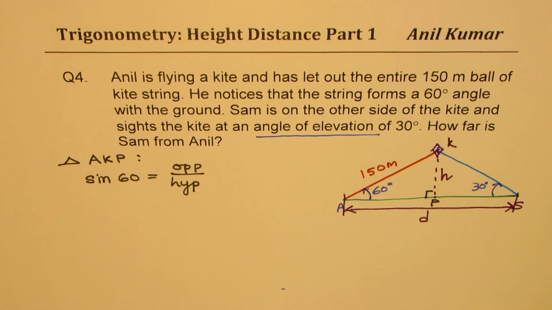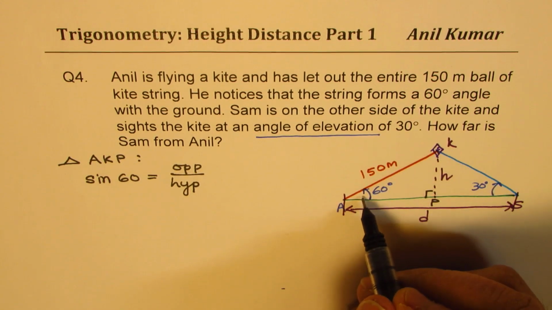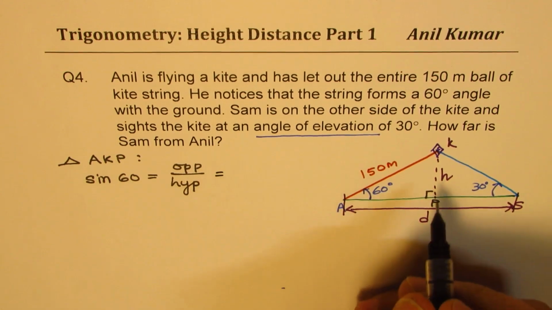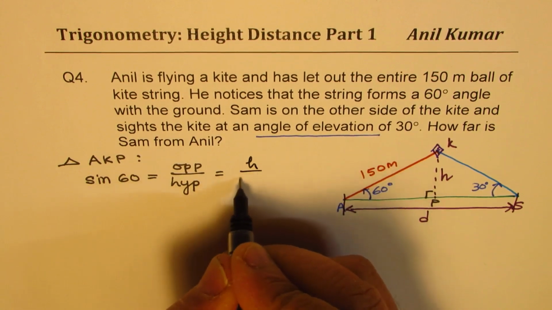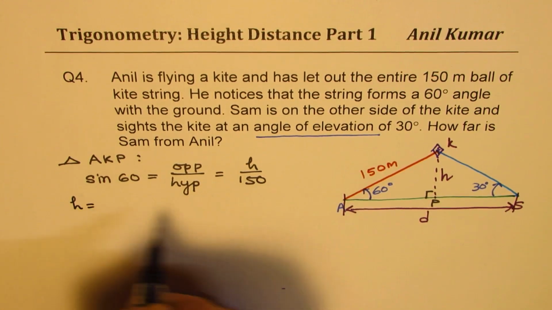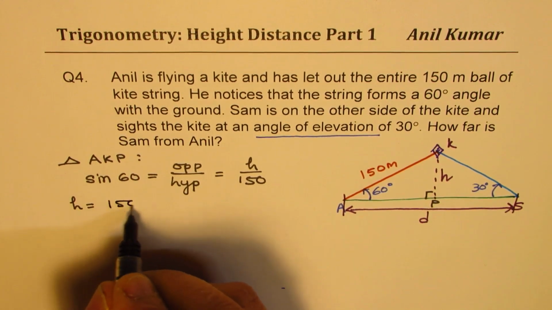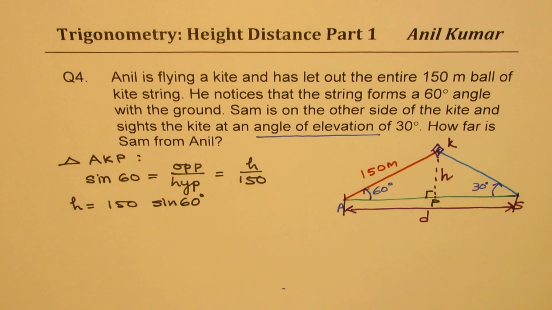Therefore, I've taken this question. Since the hypotenuse is involved, we'll take sine ratio. So sine 60 is equal to height h over 150. From here, we can get the value of height, which is, cross multiply, 150 times sine 60 degrees, correct?